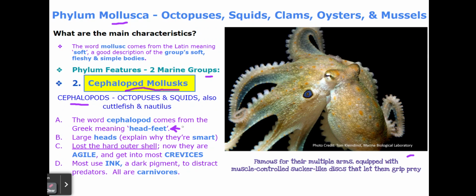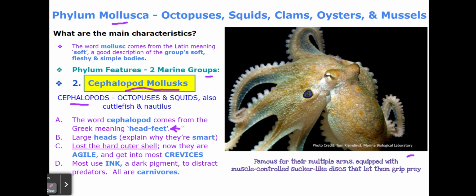Their tentacles are modified feet. Having a very, very large head may explain why they are so smart. Octopuses and squids are known for their intelligence. They're known for escaping aquaria and tanks.